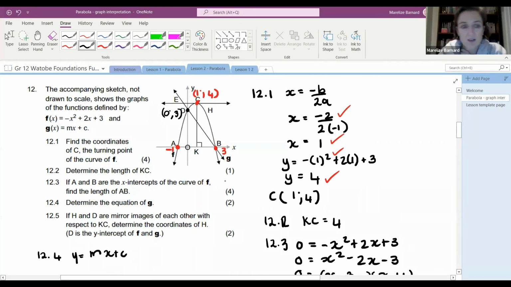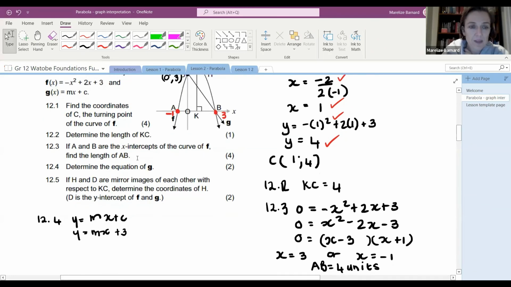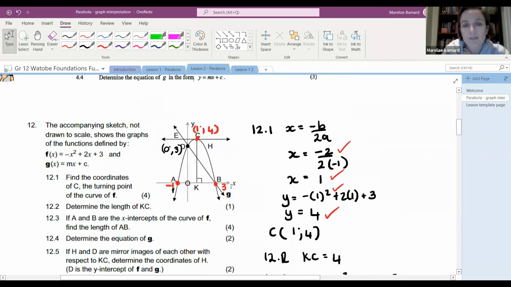Okay, so for the straight line, just like the previous question, we need y equals mx plus c. I'm going to put in the y-intercept first, so that's 3. And then to get the gradient, we've got 2 points here: 0 and 3, and 3 and 0, because this is our x-intercept.